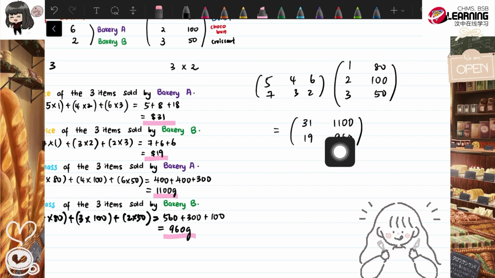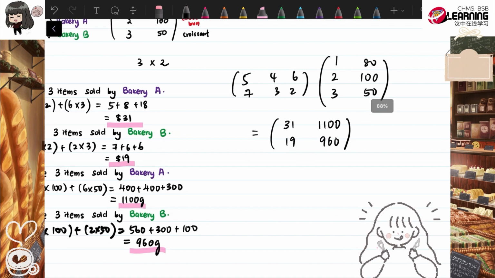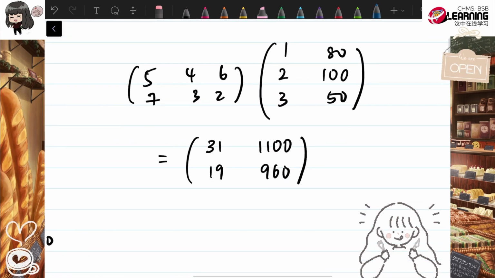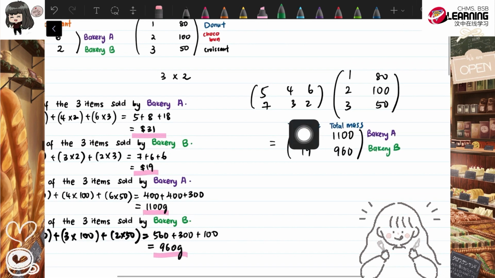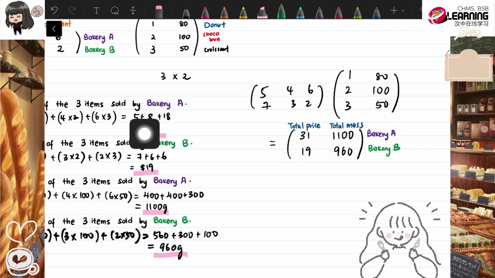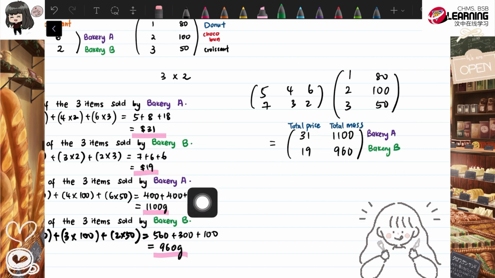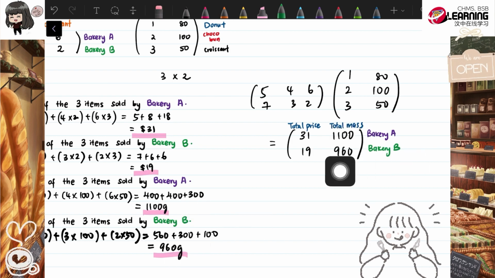When we multiply this one, what we get is this one. What is this representing? This one is the total price, and this one is the total mass. This is for bakery A, and this is for bakery B. Can you see that? The $31 is the total price received by bakery A, and bakery B is $19 for the total price, and the total mass is 1,100 for bakery A, and bakery B is 960 gram.